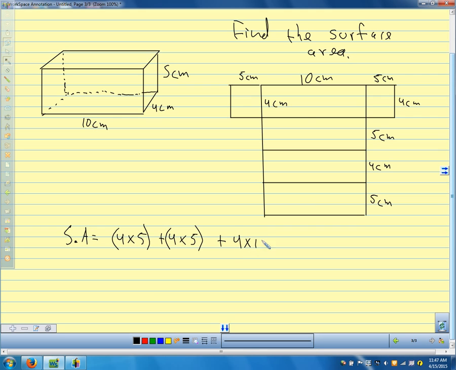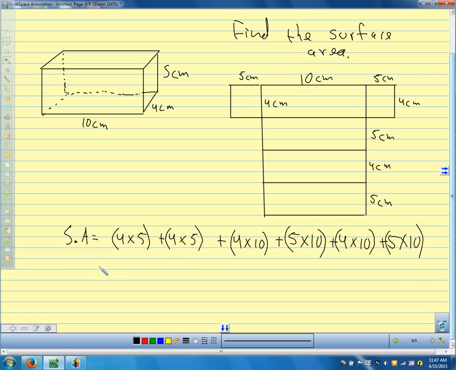I'm going to say 4 times 10 for this one, plus 5 times 10 for this one, plus another 4 times 10 for this one, plus another 5 times 10. We can always find the surface area this way. We can always break it up into pieces and add the areas of all the pieces.